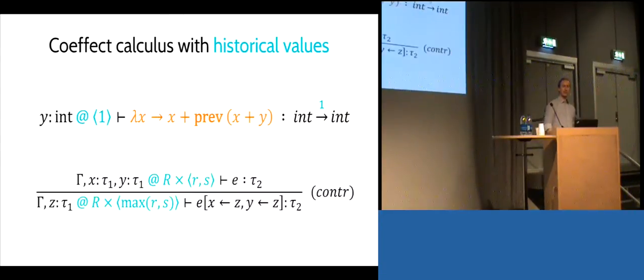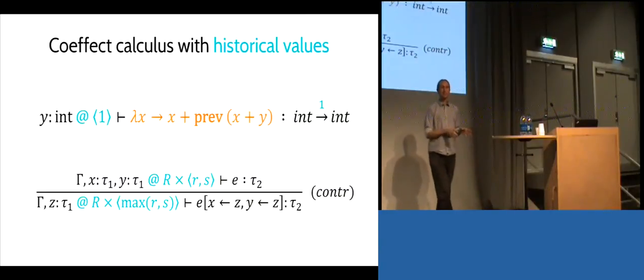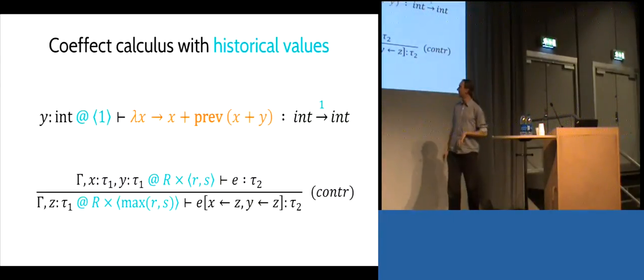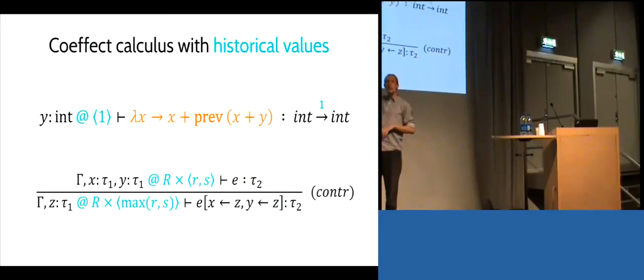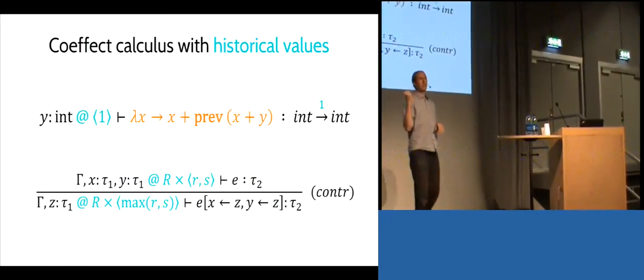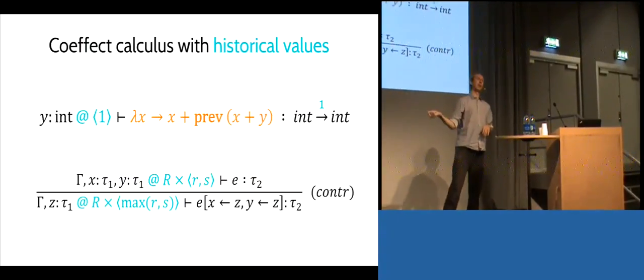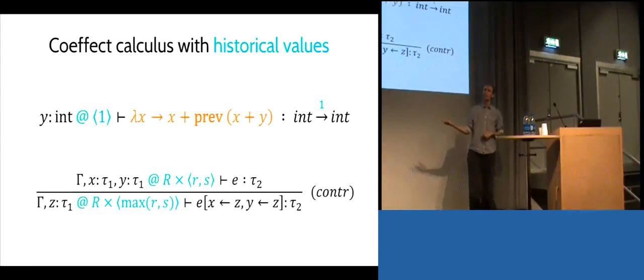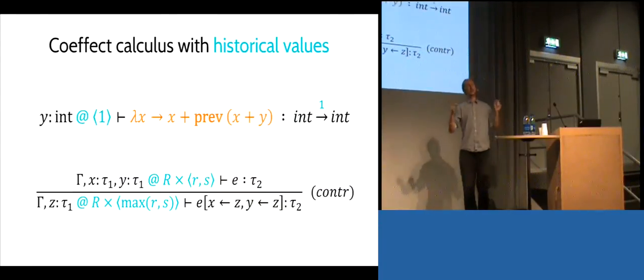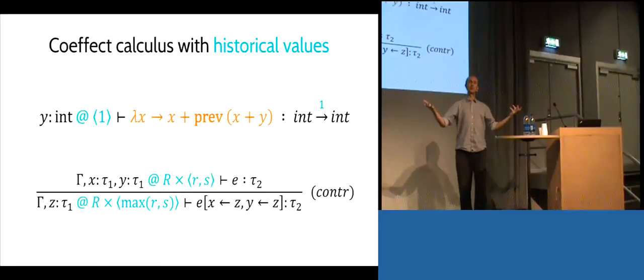And this is the difference in the contraction rule, because this is a very similar system, and the key difference is that in the contraction here, we are actually taking the maximum rather than the plus. Because in this system, basically sharing a variable means a different thing.